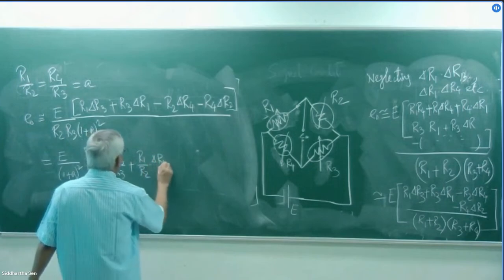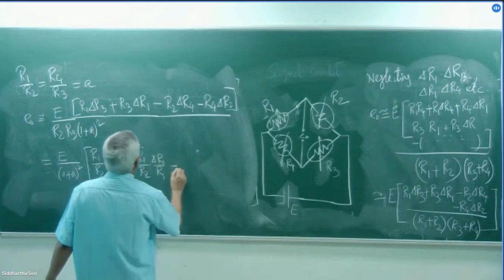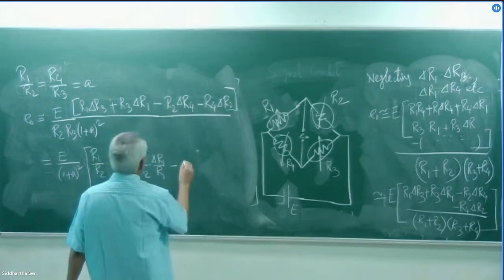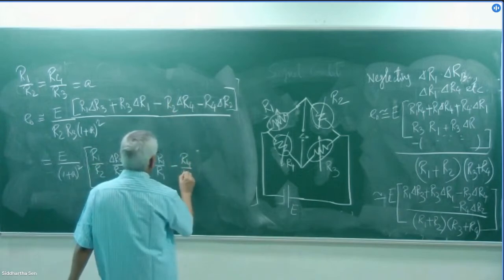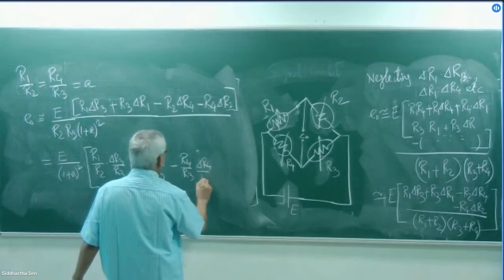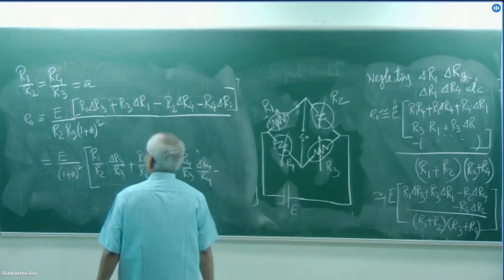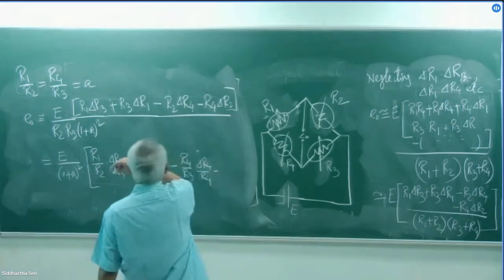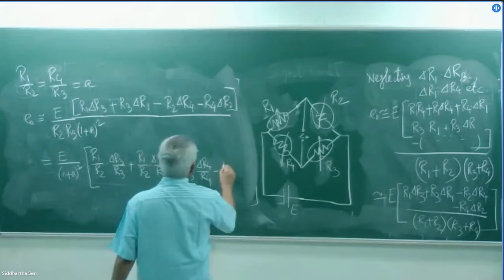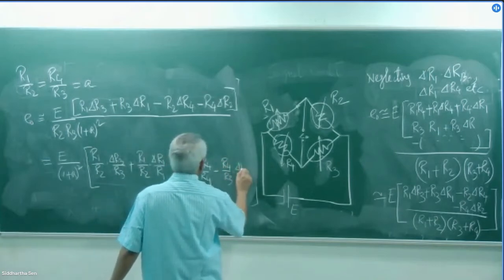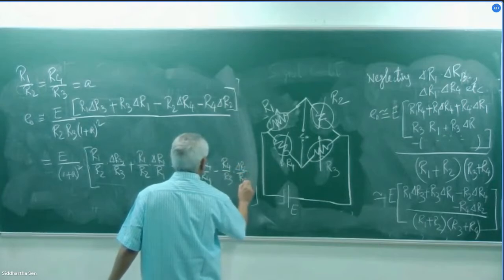into delta R1 by R1 minus, what is it? Delta R4 by R3. So I write it R4 by R3 into delta R4 by R4 minus R4 by R3 into delta R2 by R2.